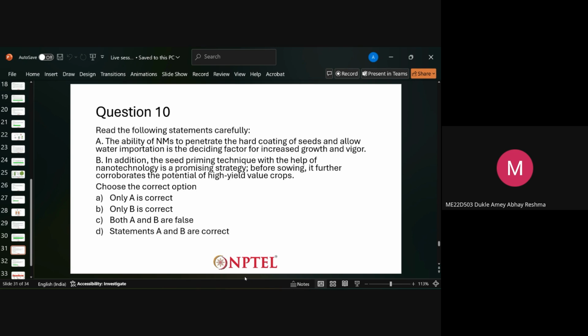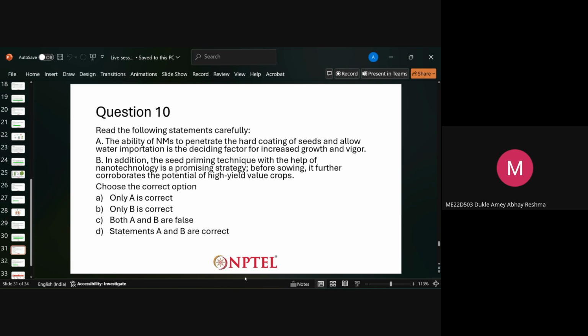So the first statement says that the ability of nanomaterials to penetrate through the seeds allows for water incorporation that increases the growth and vigor of the seed. So that is true. In the second, it is saying that the seed priming technique with the help of nanotechnology is a promising strategy before sowing, and it further corroborates the potential of high yield value crops.